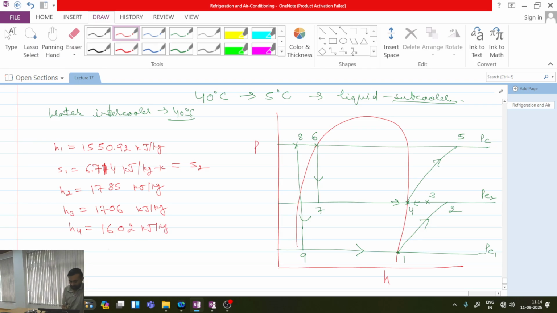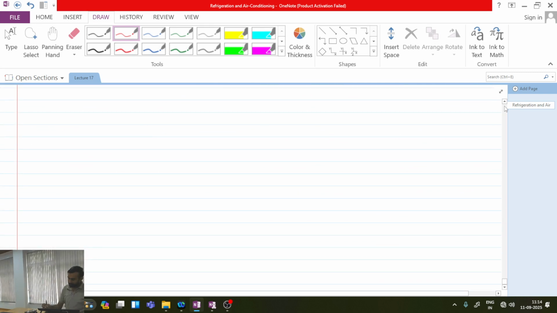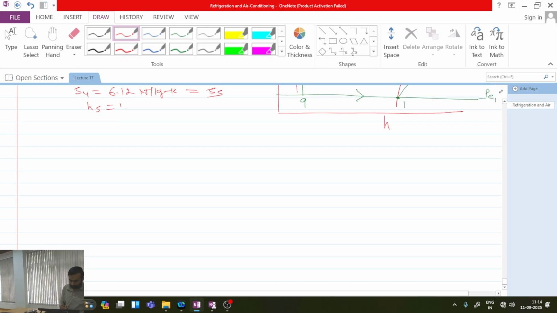Then I will also be having the value of S4, which is 6.12 kilojoule per kg Kelvin, and it must be equal to S5. If I know S5 and P condenser, I can calculate H5. How much is H5? 1802.57 kilojoule per kg.